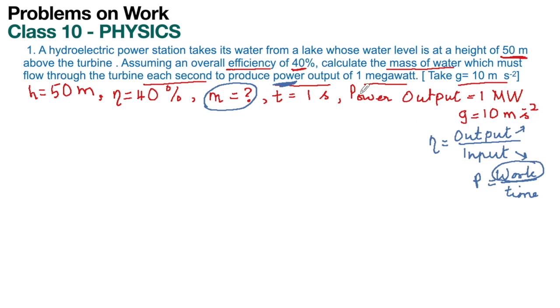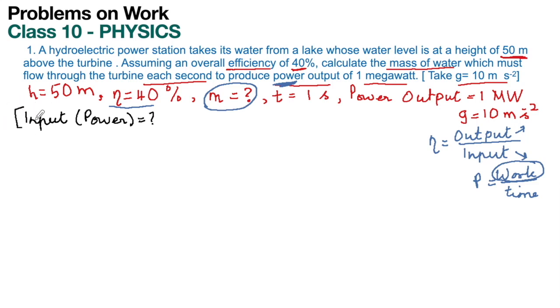Now power input will have to be connected with this efficiency, because efficiency is output upon input. So first thing we have to consider is finding the input. Now in order to find the input, we need to find out actually the power input.